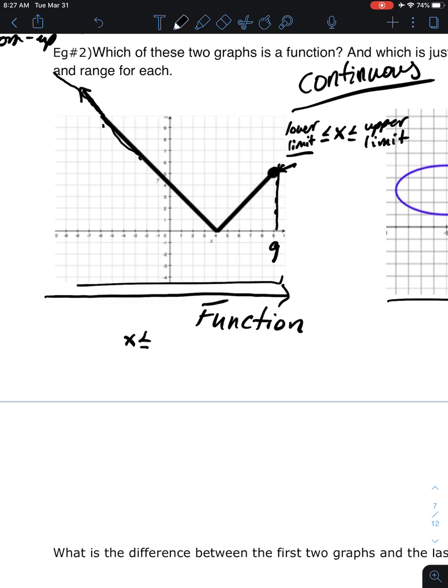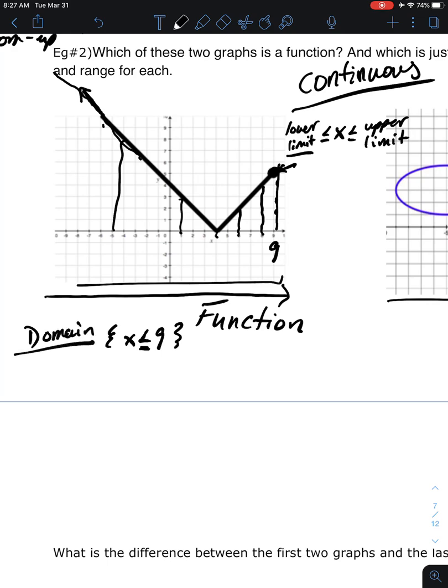Well, it's right here at 9. And so what my domain here is saying is that x is less than or equal to 9. And that makes sense because on my graph x can be 8, x can be 6, 4, 1, -5, and so on. So it's all values less than 9 or equal to 9.